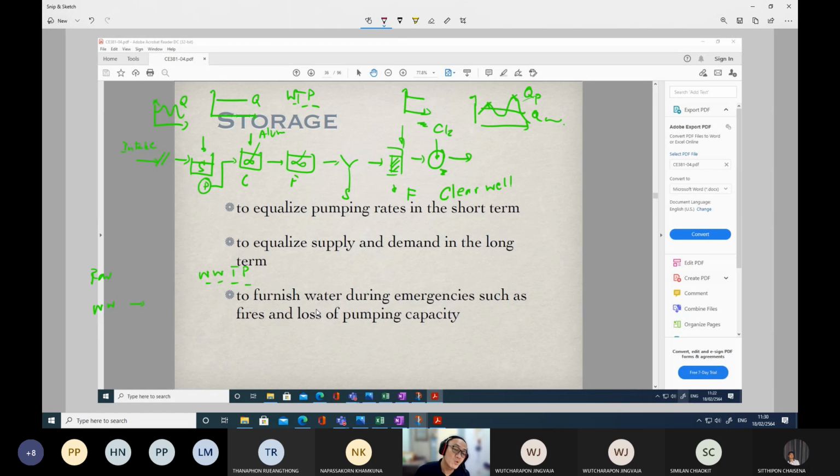Before getting in, we also need storage. Why do we need the storage? Because the wastewater generated from households may vary. It will never be constant. But after passing the storage, there are pumps that pump the water into the treatment plant.